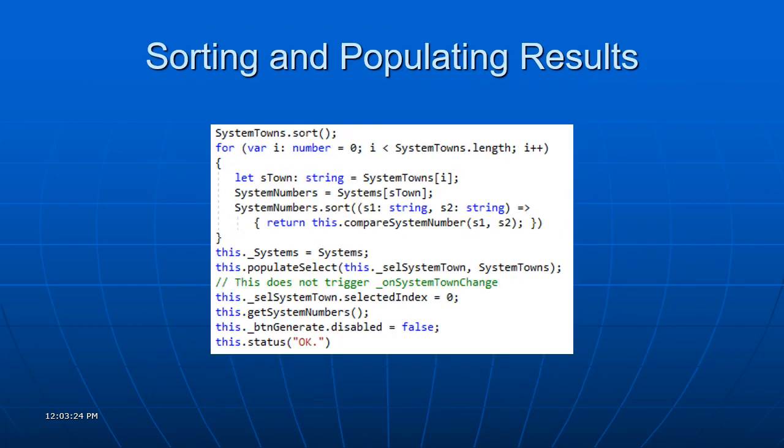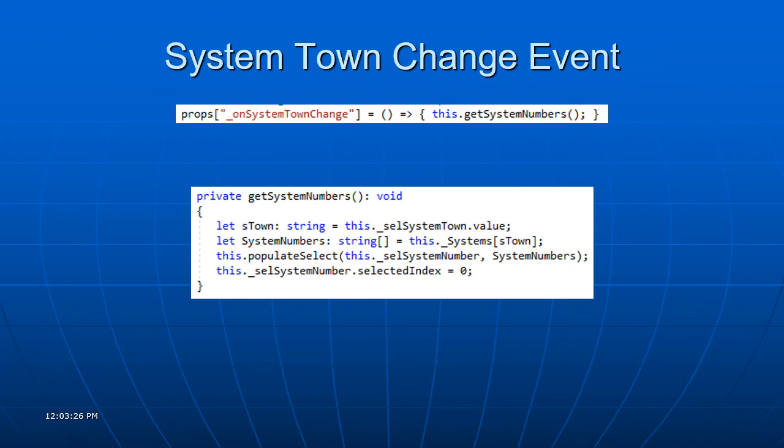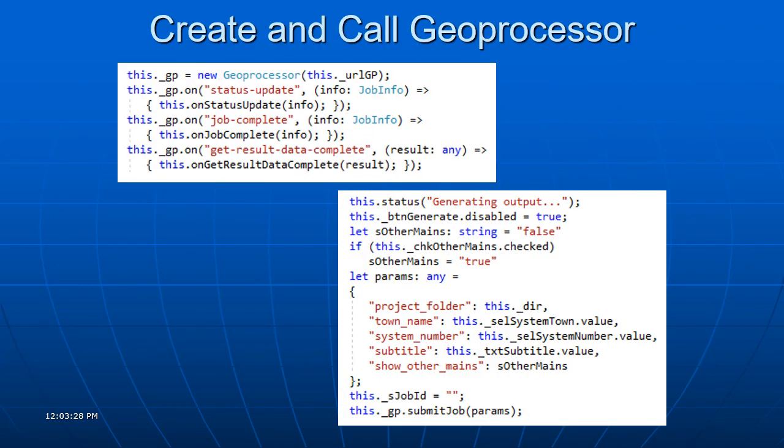System towns and numbers are sorted and select elements are populated. Changing the selected town populates the system numbers for that town. The Geoprocessor object is created when the widget initializes.